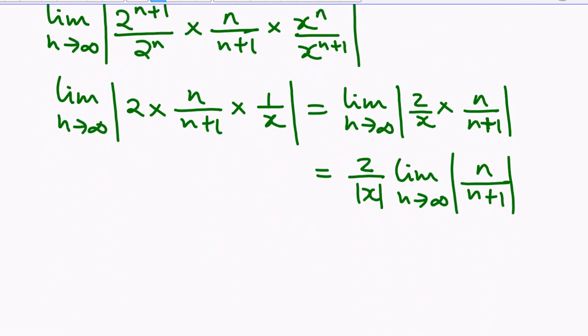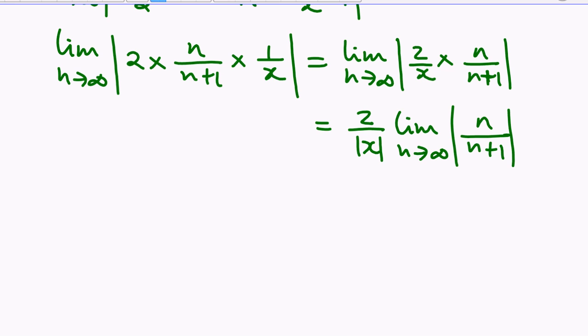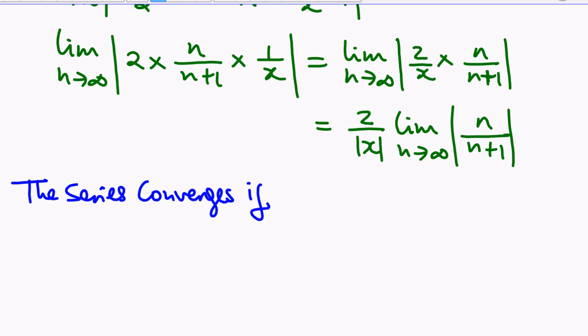So the series converges if 2 over absolute value of x, and by the way, this will be equal to 2 over absolute value of x by L'Hopital's rule, because the limit of n over n plus 1 by L'Hopital's is 1.